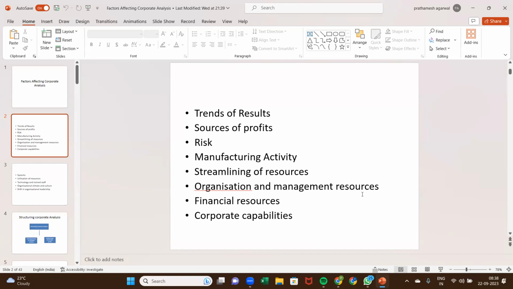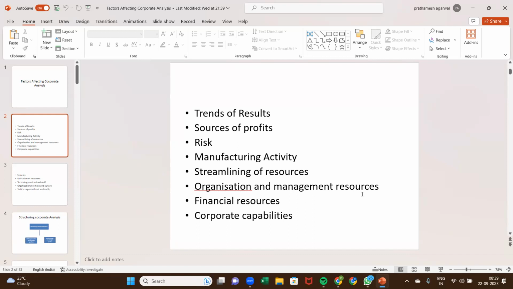The organization should aim at creating a balance, a harmony between different departments and functions, because every department and every person working in that department has got his or her capabilities.